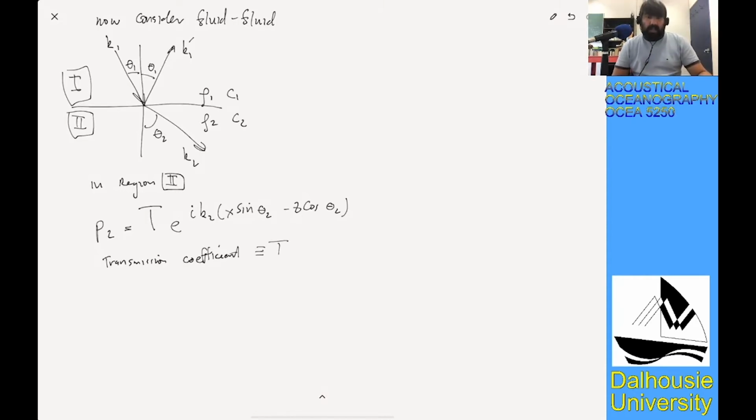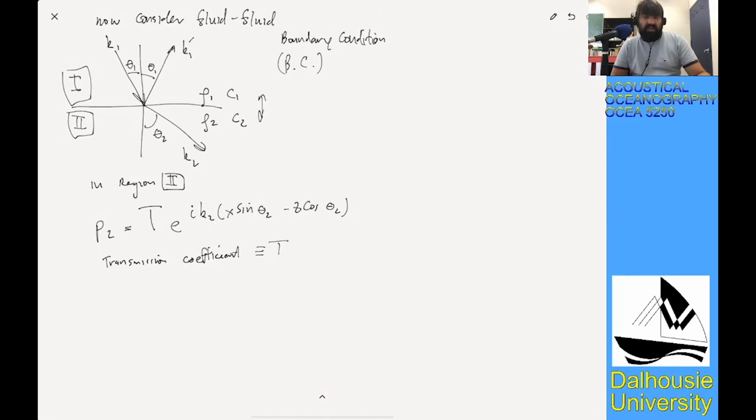Okay. So we need a boundary condition across this interface now, right? Since it's the first time, I better write the whole thing out. Boundary condition, BC.